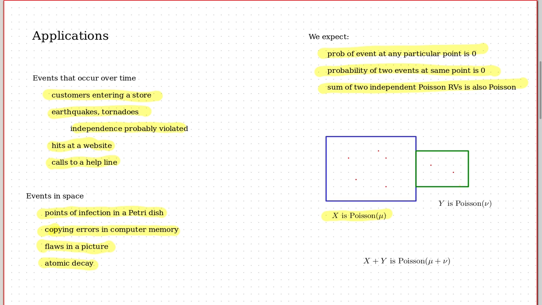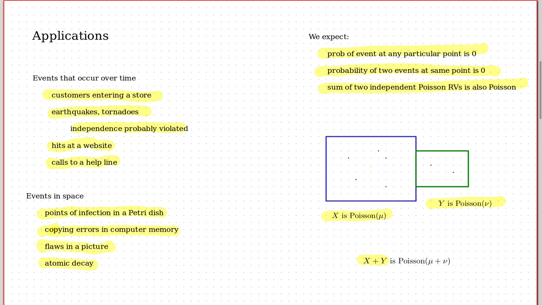And let's say in the green box we have another process going on, the random variable y represents the number of events that occur in the green box, and y is Poisson with parameter nu, right? So they have different means. But if you add up x plus y, then it's going to behave like a Poisson random variable.